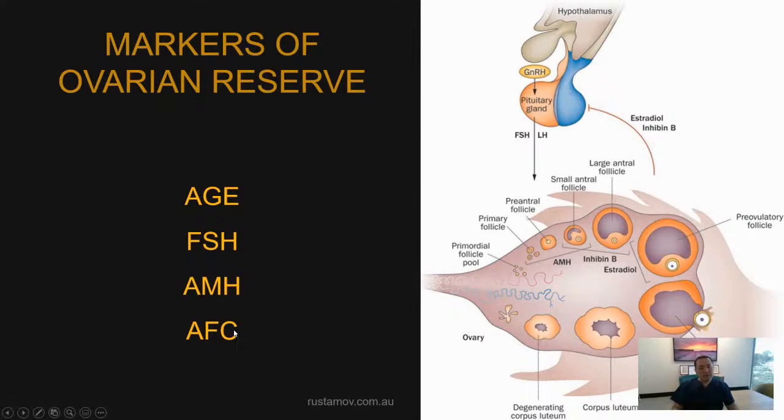The next one is antral follicle count. This is an ultrasound scan measurement, the assessment or counting of small antral follicles in the ovaries. Again, if there are a lot of small antral follicles, that means ovarian reserve is good and they have a high antral follicle count. So AMH and AFC correlate. They are pretty much mirror images of the same thing.